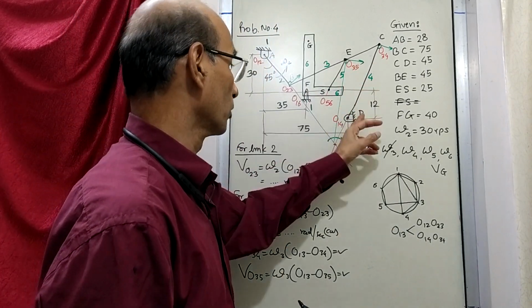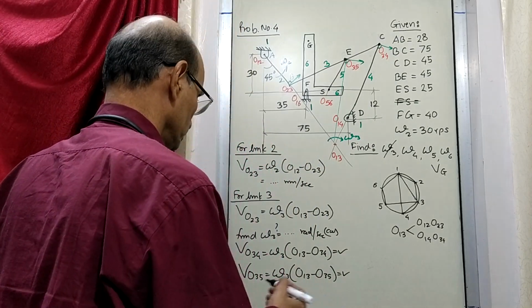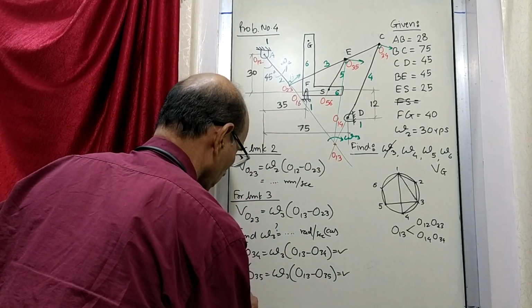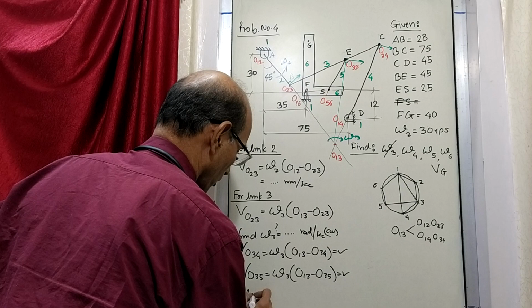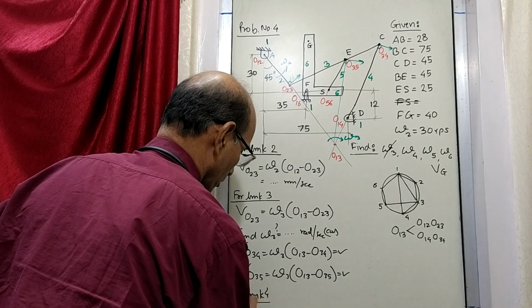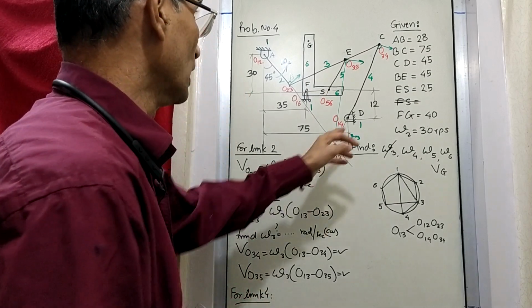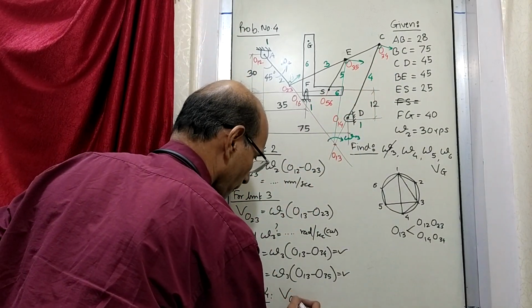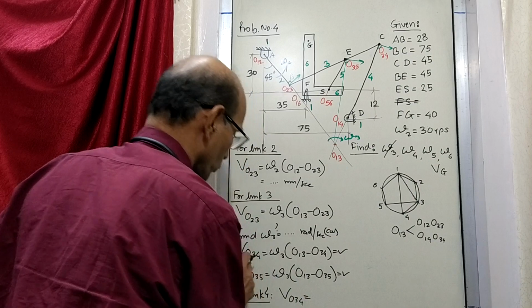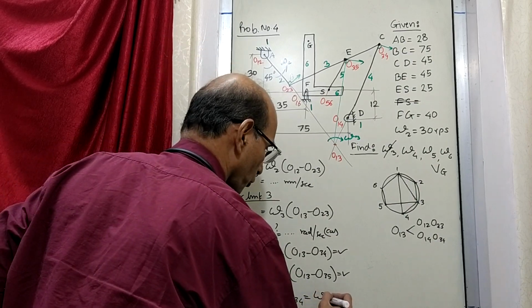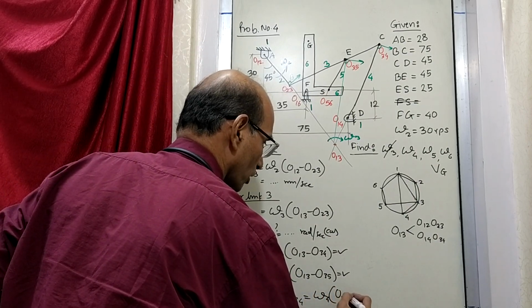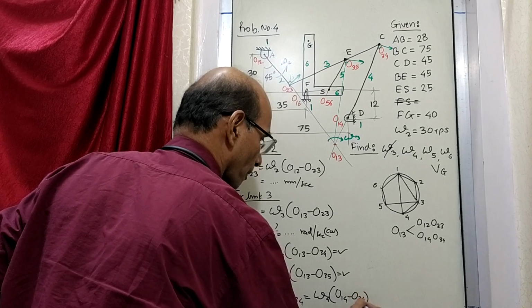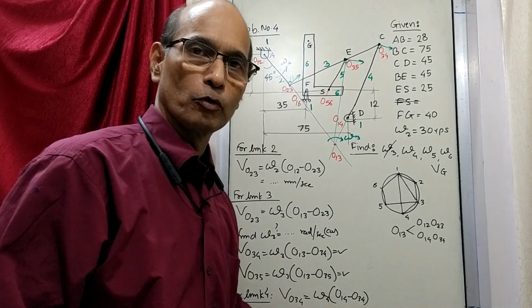Now let's go to link number 4. So for link number 4, we write down velocity of O34, which is already known here, equal to omega 4 into distance from O14 to O34.